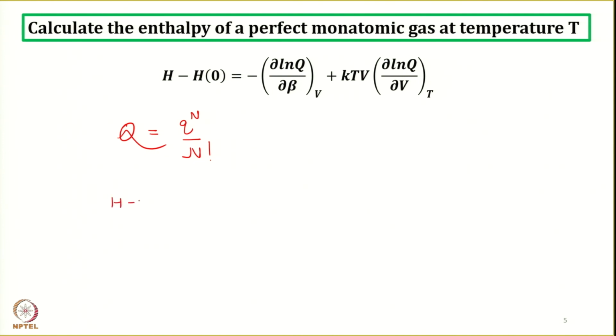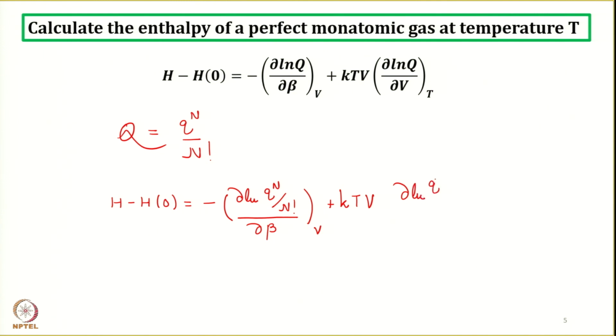So, H minus H0 is equal to minus del log q raised to the power n by n factorial, del beta at constant volume, plus kTV del log q raised to the power n by n factorial with respect to del V at constant temperature. What are the constraints? That is important.